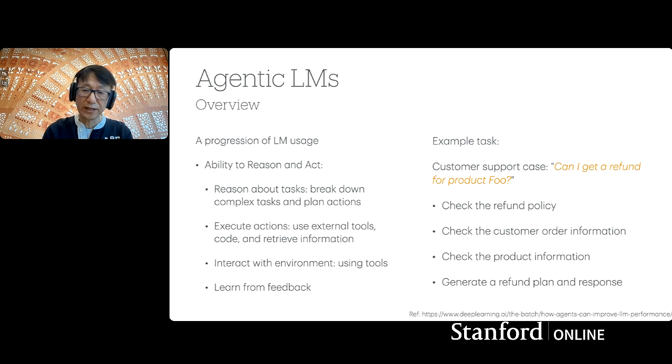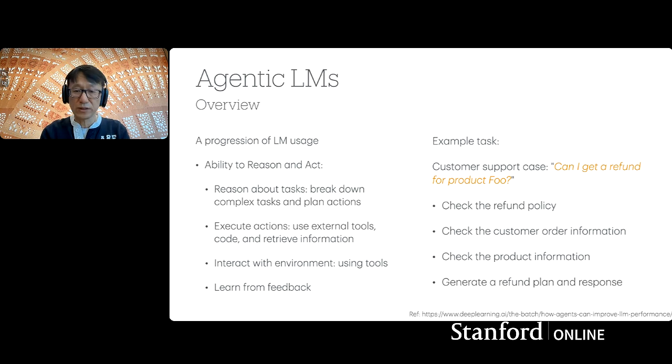Then, using that, it also requests the customer order information. It could either ask the customer back in a chat format to collect more information, or look it up in the system, depending on how this chat system is prepared.